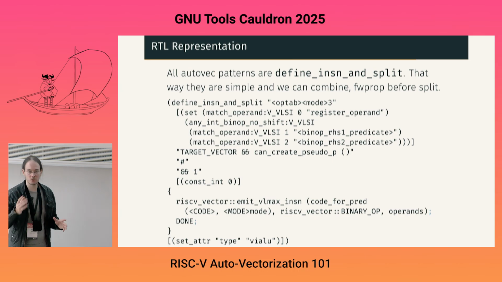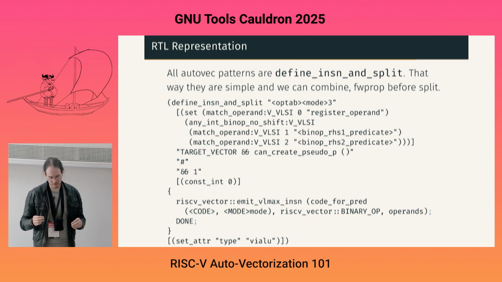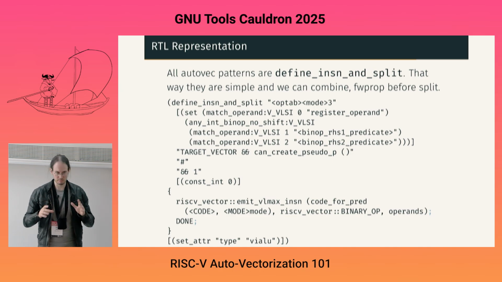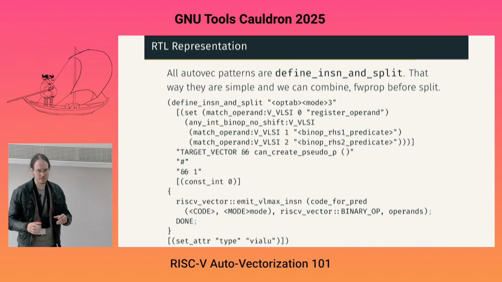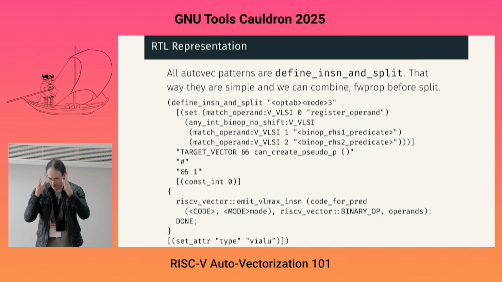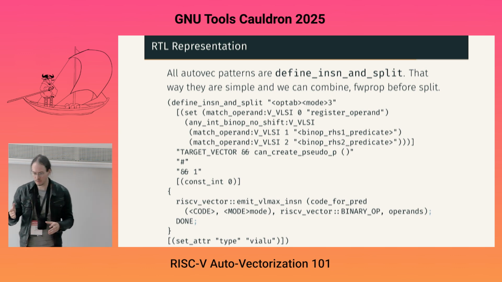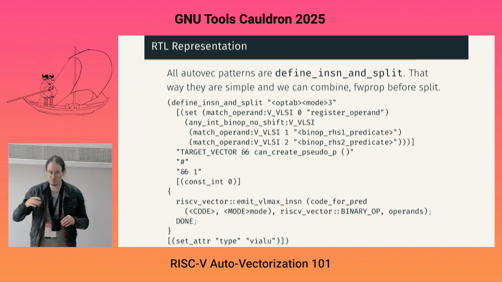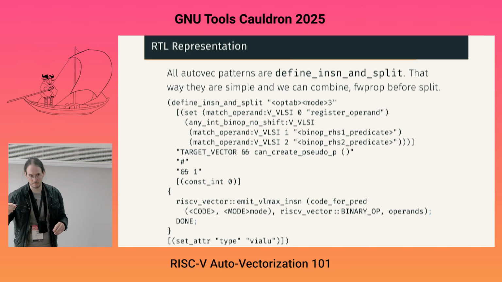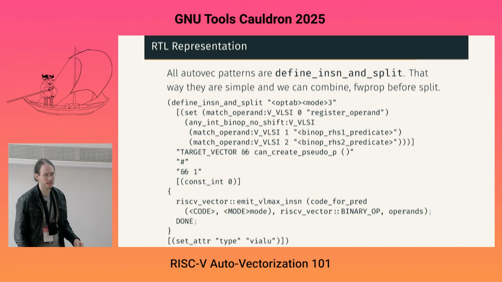So every autovec RISC-V vector instruction is a define_insn_and_split that is simple, well, for certain definitions of simple, that just does set, let's say binary operation, source, source. And this way, we can ensure our representation of those is simple up to the first split. So combine can combine, forward propagation can propagate, and so on.